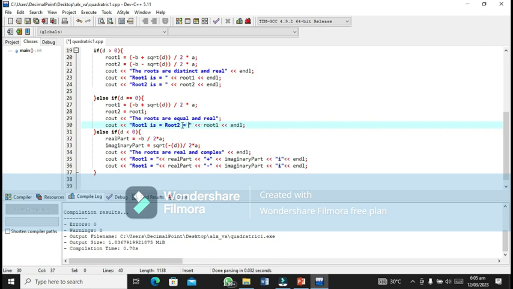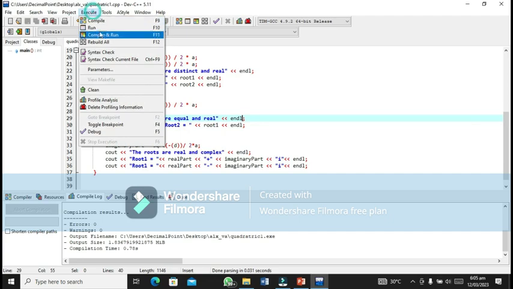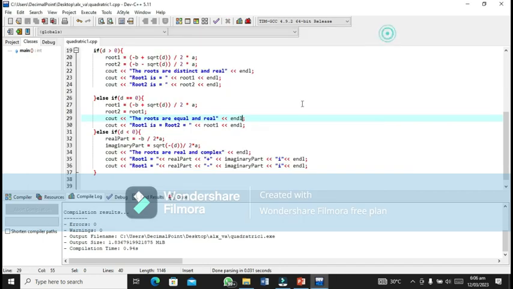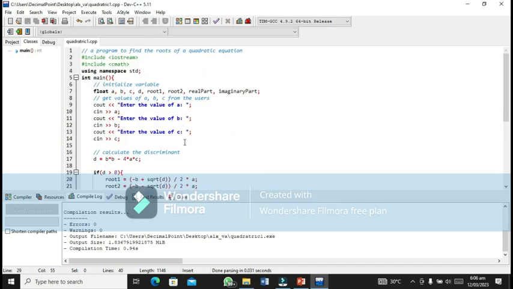We have equal to here, and we have our end line here. So on that we should make sure that everything is now okay. We have 1, 6 and 9, and everything is okay. The roots are equal and root 1 is equal to root 2, which is equal to minus 3.